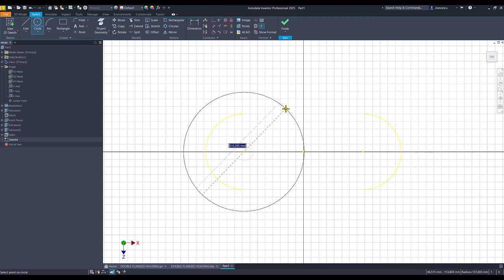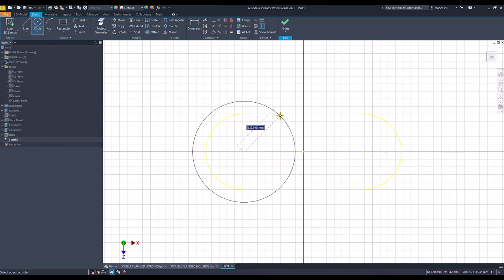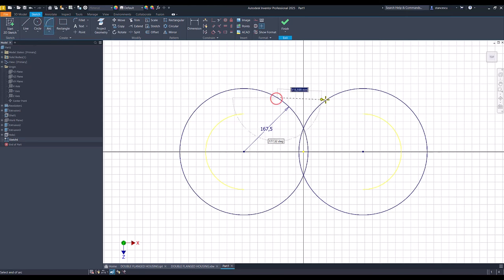A circle with the radius of 167.5, another circle equal, and on the right an arc with a radius of 65.